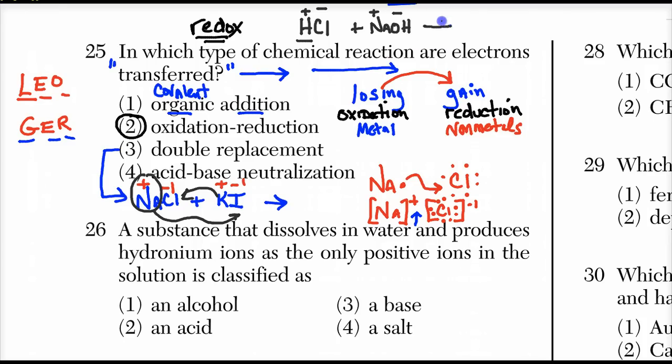You can consider this like a double replacement. So this positive goes with this negative to make your water, HOH, and you could put Na plus with the Cl. And if you notice, nobody's charges have changed. So you can think of an acid-base neutralization reaction, especially strong acid, strong base, as a double replacement.